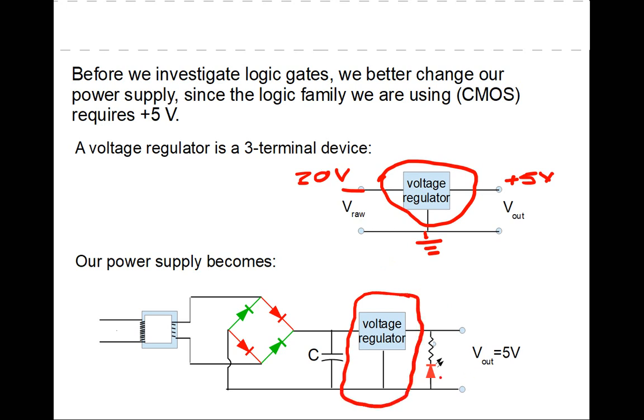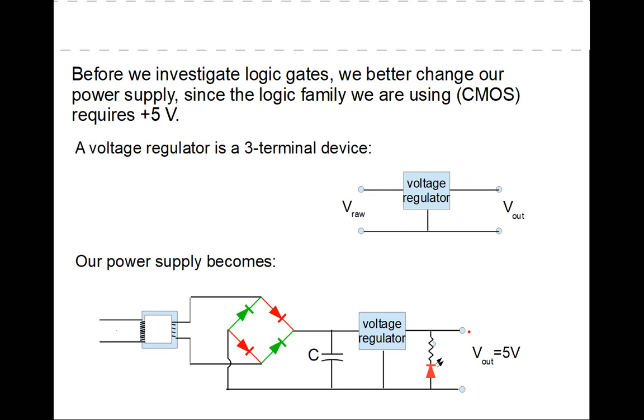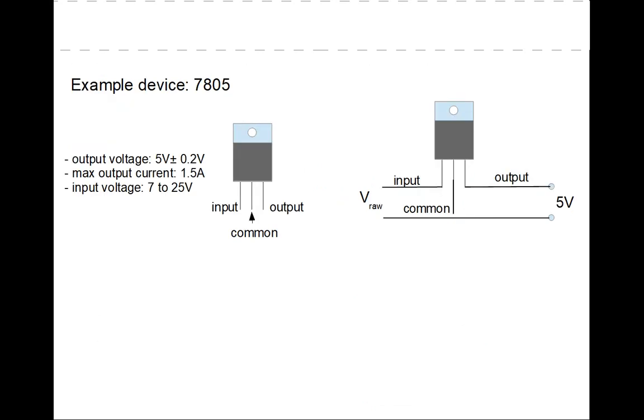Now let's go through and keep the LED in place, and you'll probably have to change the resistor here to keep the LED at the right operating current. So this is the device we're using, and it's called a 7805. It has an output voltage of 5 volts, plus or minus about 5%.